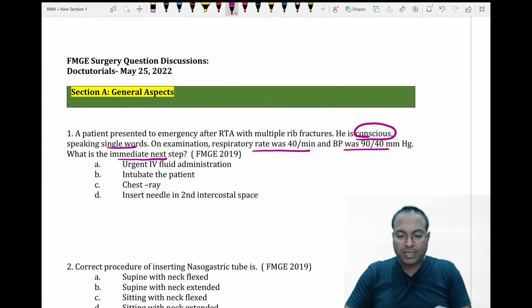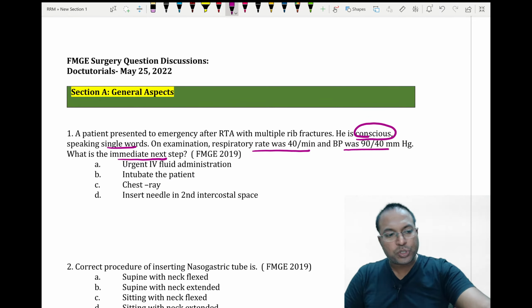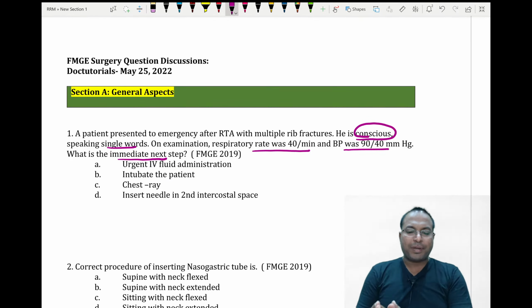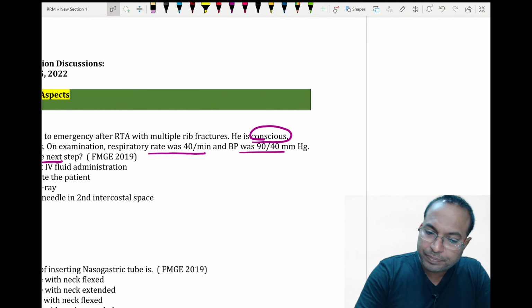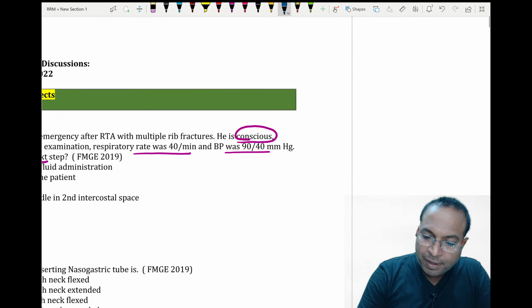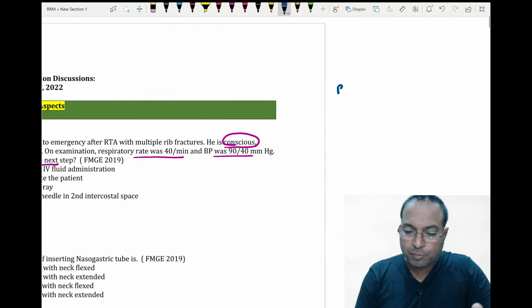What is the immediate next step? You should know. The immediate next step is a usual question. When you see a trauma patient, you should understand what should be done in the primary survey. Please understand what you mean by primary survey.